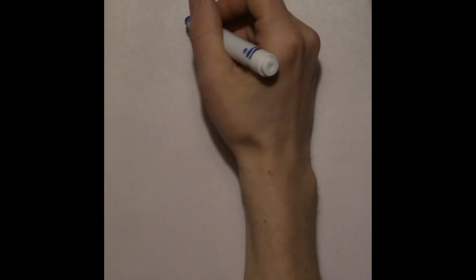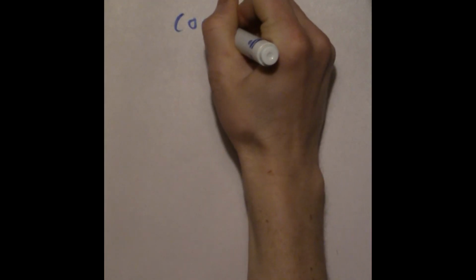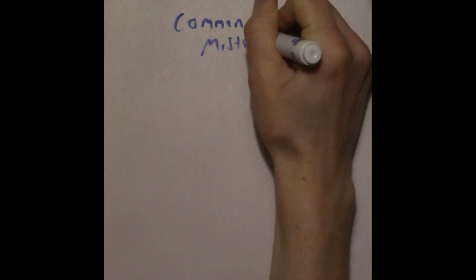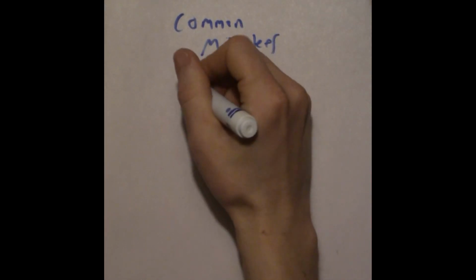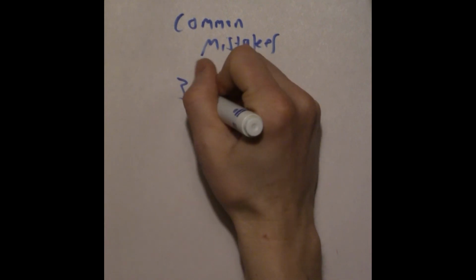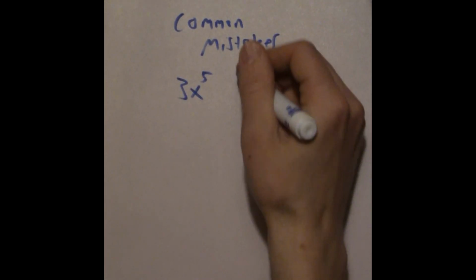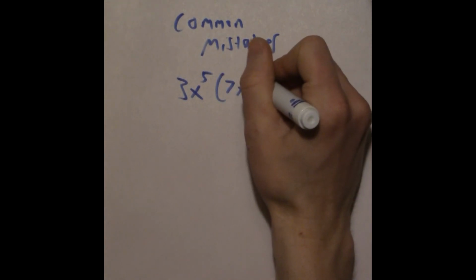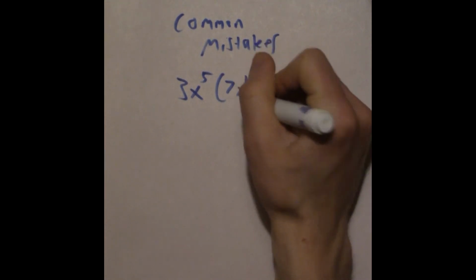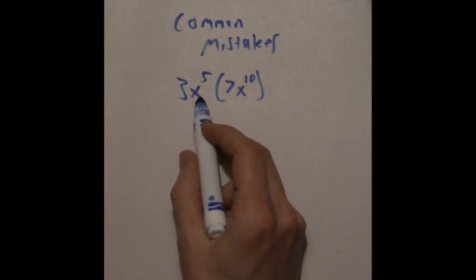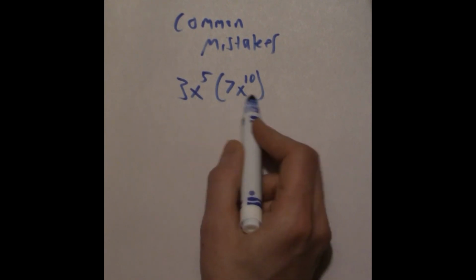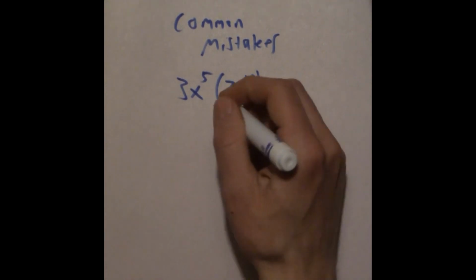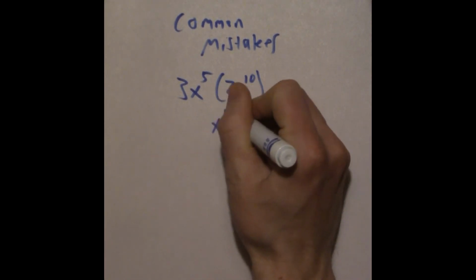Some common mistakes that people make when multiplying powers is that when you have two terms, like 3x to the 5th times 7x to the 10th, they see that we have the same bases in both of these, and so they'll say, all right, x to the 5th times x to the 10th, I can add the exponents, and that gives me x to the 15th.